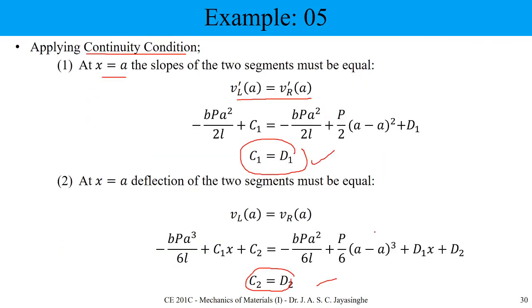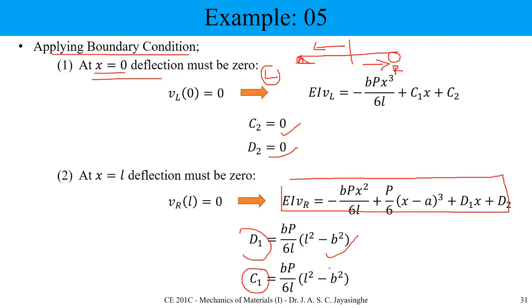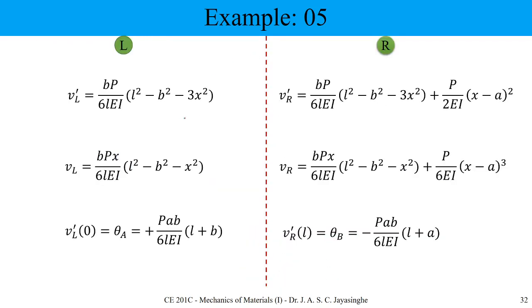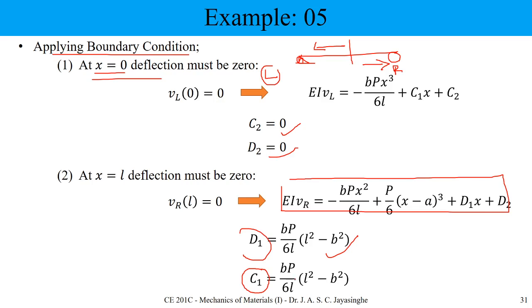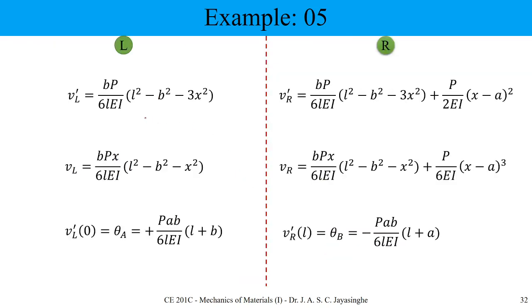Come to here. We know these values, and now you can substitute these values. This is a direct substitution, and after that you can rearrange your equation. You will end up with this left side rotation, this right side rotation, this left side deflection, this right side deflection. And now I would like to obtain the angles.